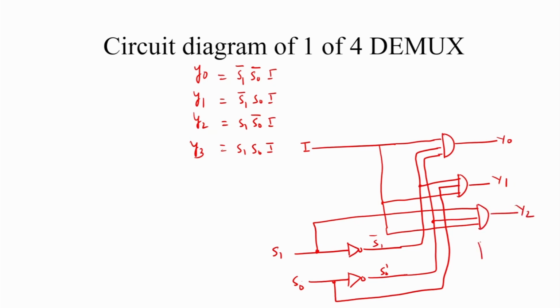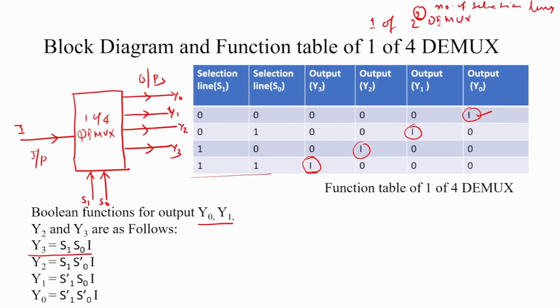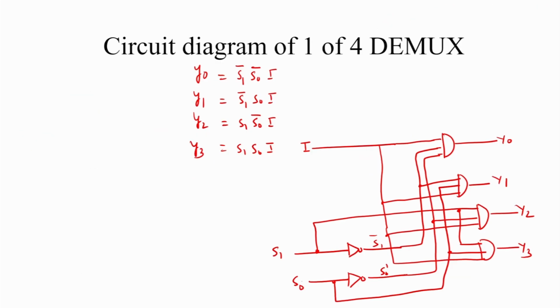And similarly for y3, S1 goes through this input, then S0 goes through this, and I goes through this input. This is y3. So this is the logic circuit diagram of the 1 of 4 demux, and when we supply the values of S0, S1 and I, we simply derive the functional table of the 1 of 4 demux.